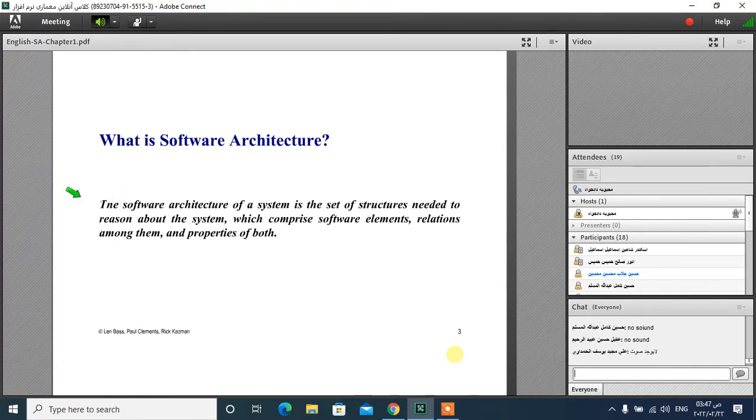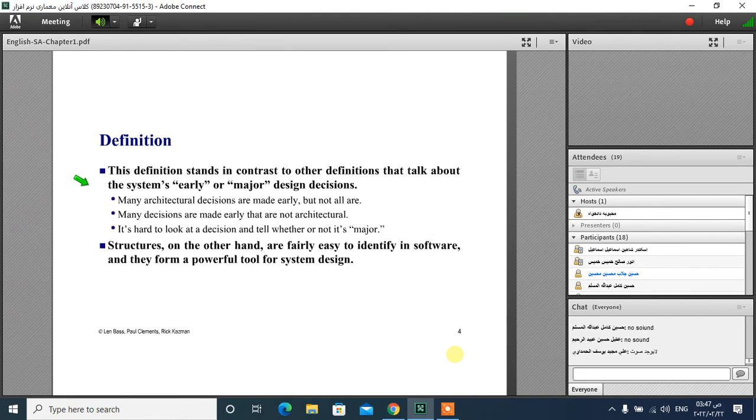So if you look at this definition, you can see that we have structures, a set of structures, elements, relations between elements, and properties of those elements and their relations. This is the main definition that we have for software architecture in this course.